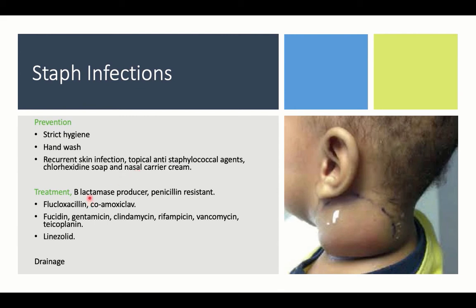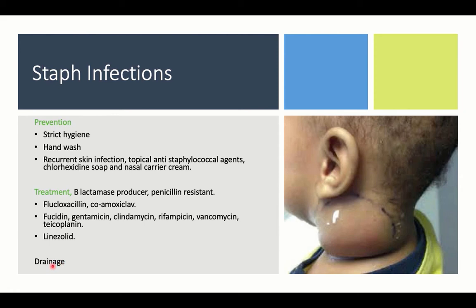Staph is a beta-lactamase producer, so they are penicillin resistant. The anti-staph antibiotics of choice are flucloxacillin or co-amoxiclav, fusidic acid, gentamicin, clindamycin, rifampicin, vancomycin, teicoplanin, meropenem, and linezolid. These are anti-staphylococcal antibiotics.